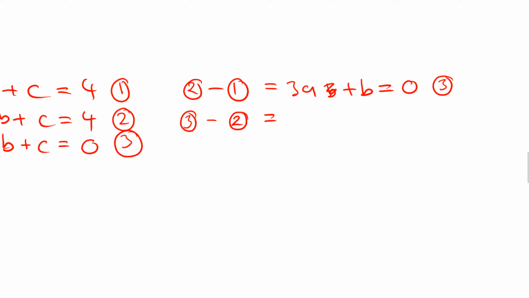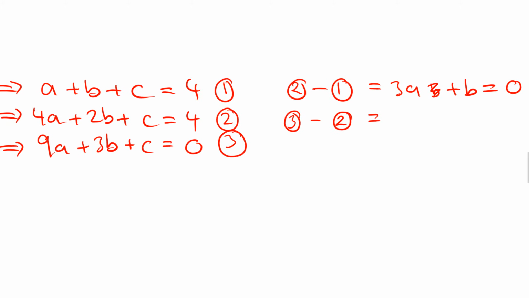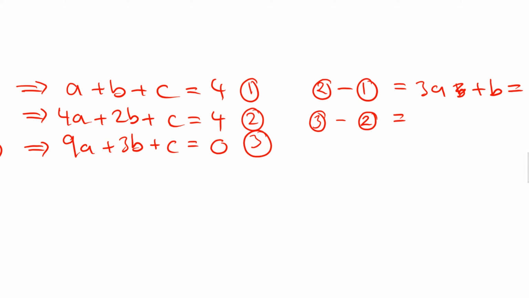Whoops, that should have been called equation 4. How do you know which ones to take away? Just getting rid of stuff. It makes sense to take away the smaller ones from the bigger ones. Equation 3 has got 9A, and I'm going to take away equation 2, which has got 4A. I'm trying to avoid getting negative A's. It just feels awkward that way.